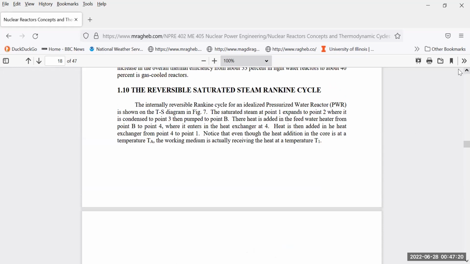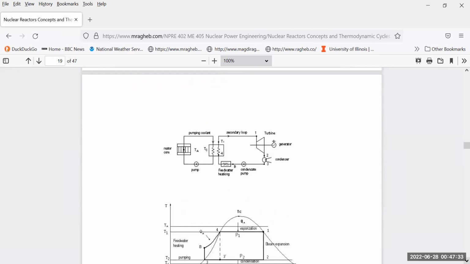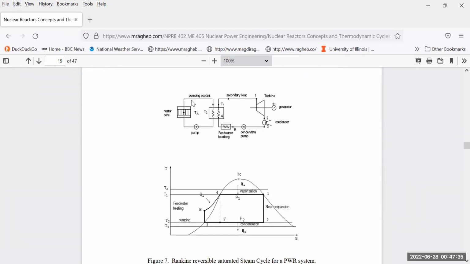An example of the Carnot cycle efficiency applies directly to the case of the boiling water reactor. In the case of the pressurized water reactors, we do not produce steam in the reactor core itself. We take the pressurized water there. We don't allow it to boil because the PWR system was invented primarily for nuclear submarines.